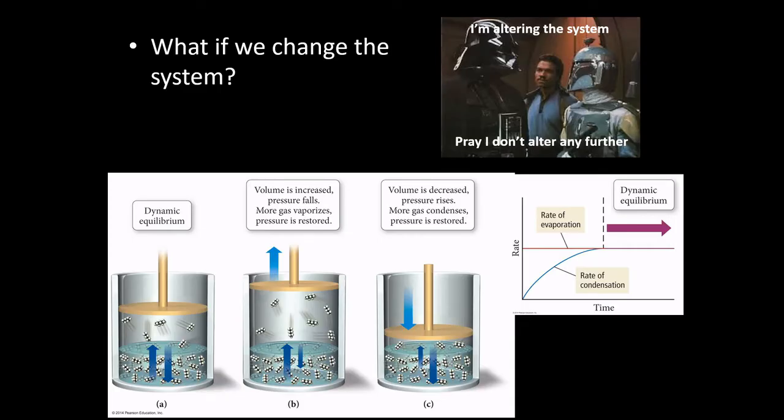Now we can manipulate that equilibrium a little bit, though. We can mess with it. So just because you will always end up with an equilibrium doesn't mean that you can't do things to play around with it. So if you have a system like this one here that's at a dynamic equilibrium, you have the same number of molecules evaporating as are being recaptured.